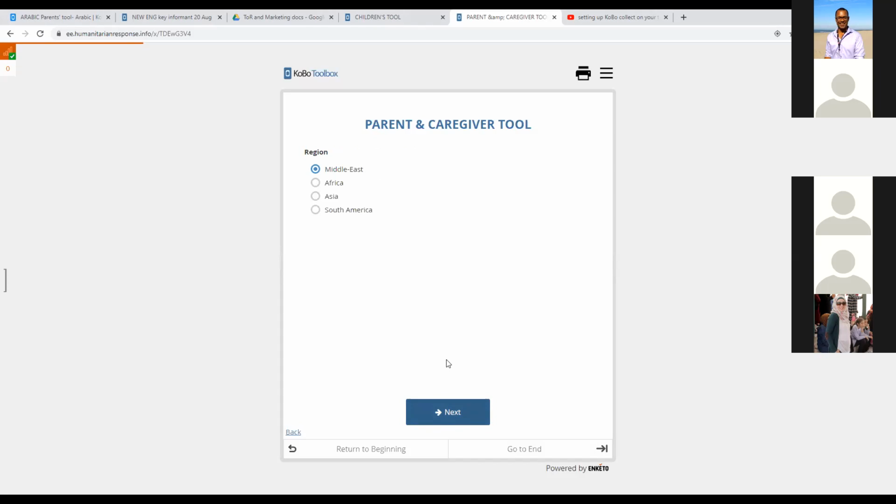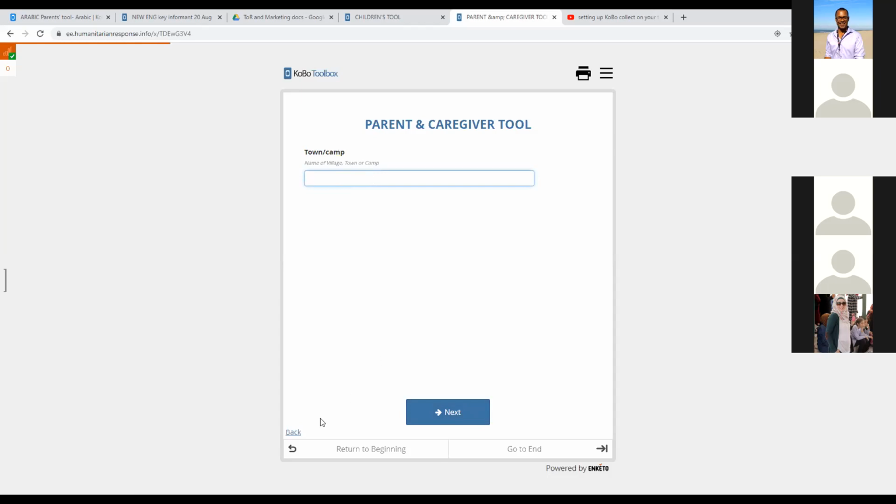Then here, of course, it's very clear. You choose which region you are, and here you choose the country. And in some countries we have different field location offices. I don't know if it's the case for Jordan. I'm just putting random Amman here. I just have one question here.